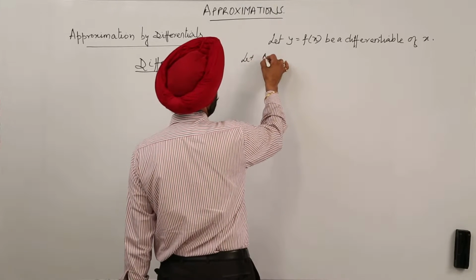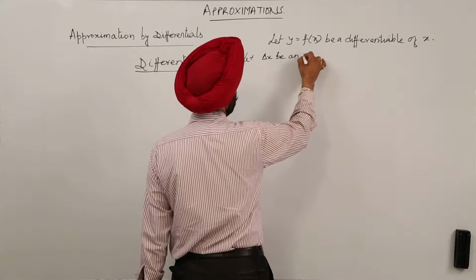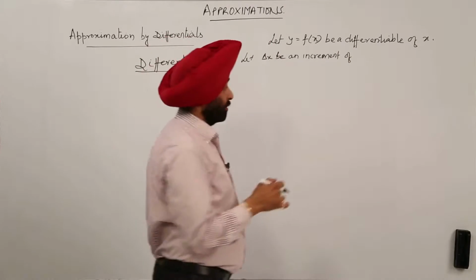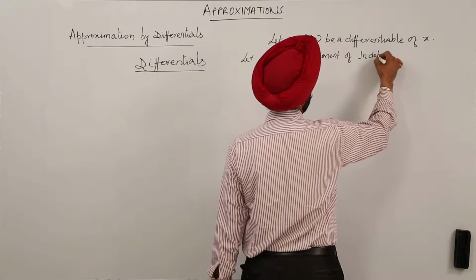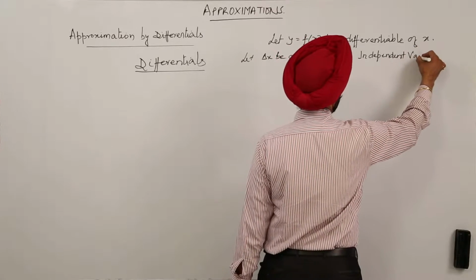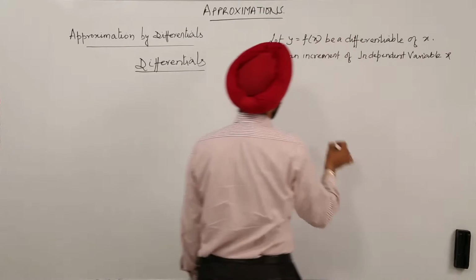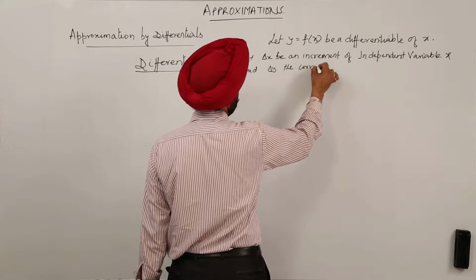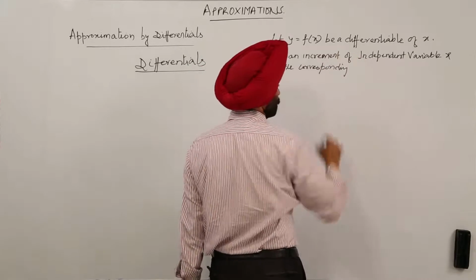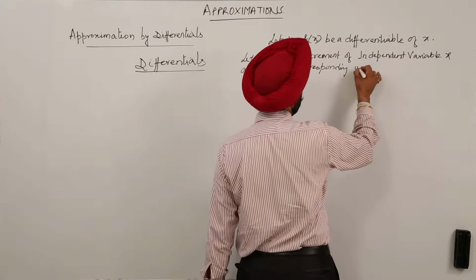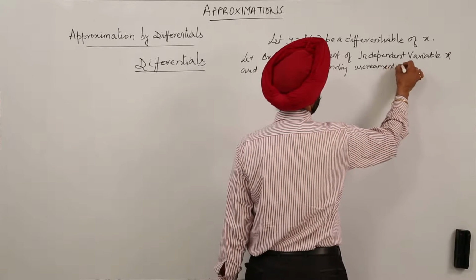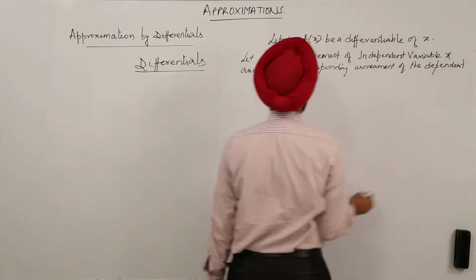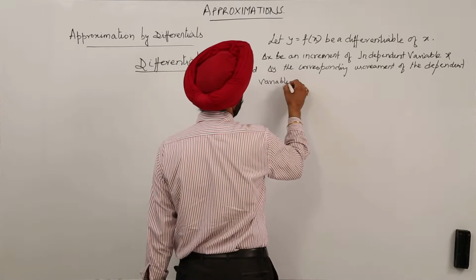Now let delta x be an increment of the independent variable x, and delta y the corresponding increment of the dependent variable y.